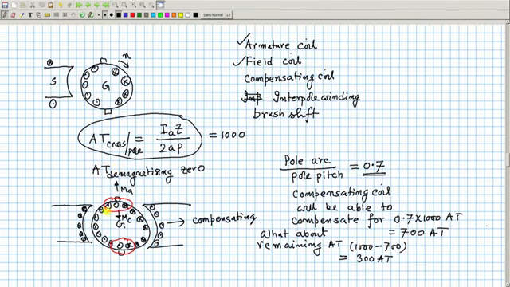And for this remaining portion, mind you, there is no brush shift, nothing I have used. This cross dot will also produce MMF here, and this I will compensate by the interpole coil. That is, this 300 may be compensated by the interpole.